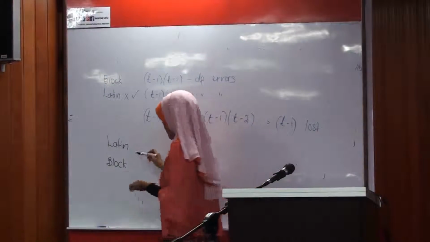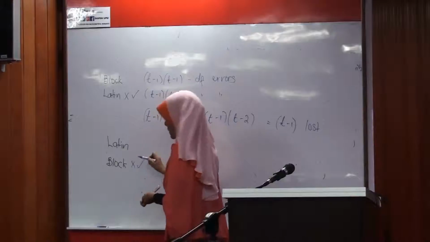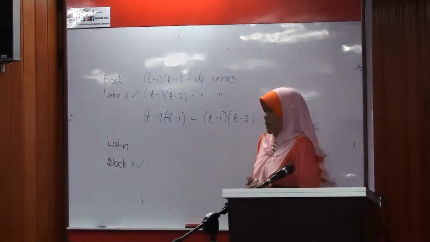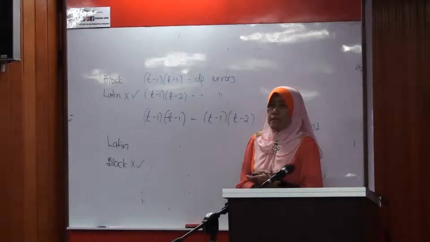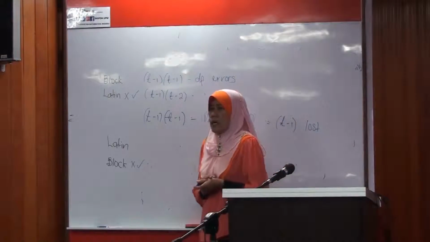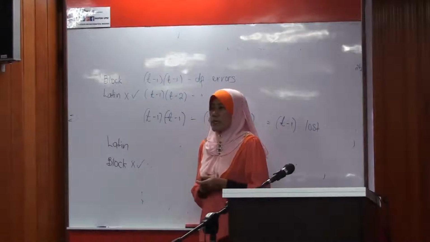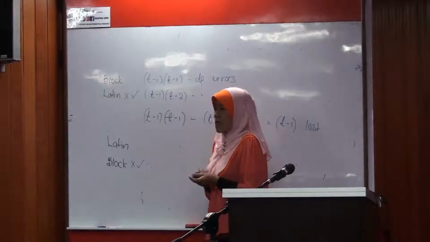Here you use block. It's not necessary, but you use block, whereas what is necessary is the Latin square. So what do you lose by choosing block when the Latin square is what is necessary? To answer this question, we have to look at the partitioning of the total sum of squares for each of these, for the Latin square as well as for the block.